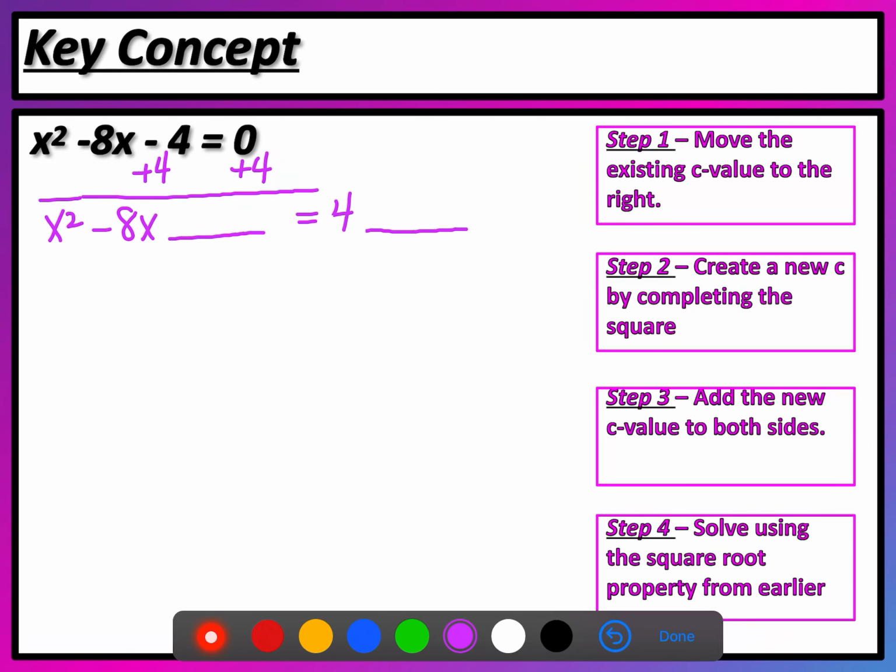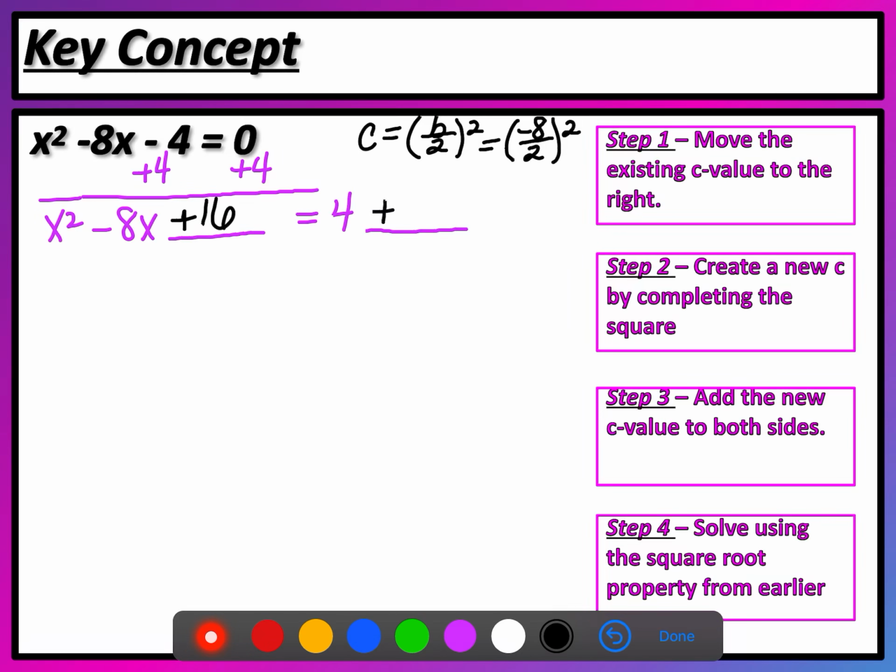And I'm going to leave a blank for whatever perfect square value I do need, which I'm going to find by doing b over 2 squared. So negative 8 over 2 and square that. Negative 8 divided by 2 is negative 4.